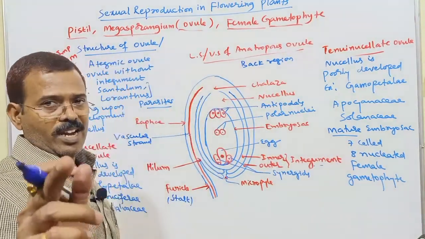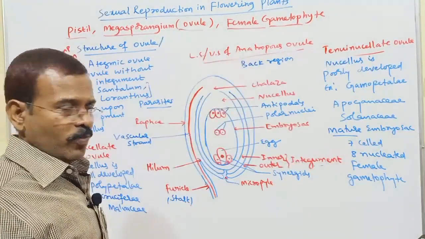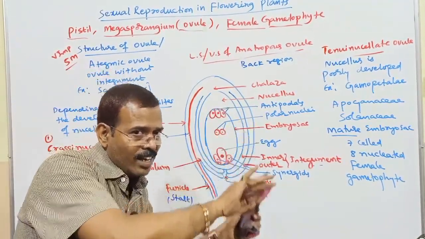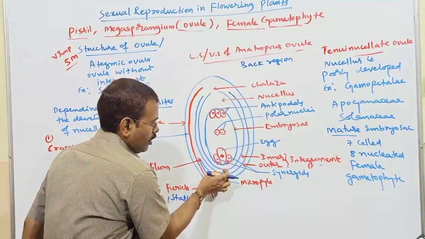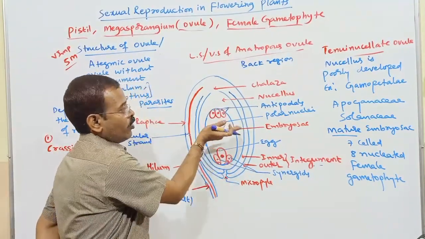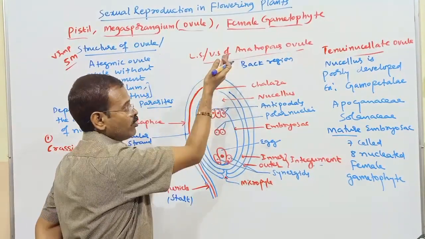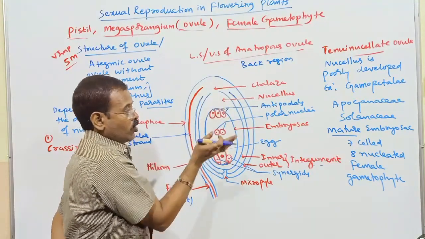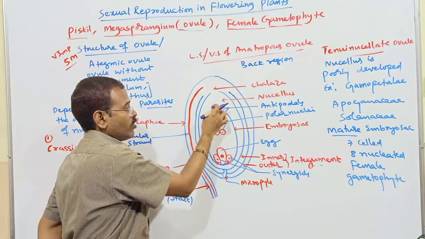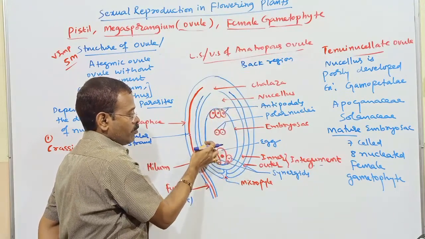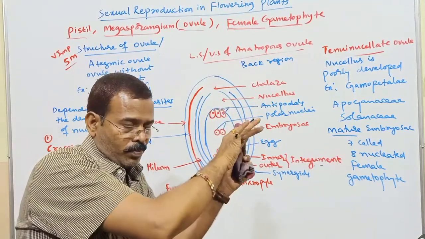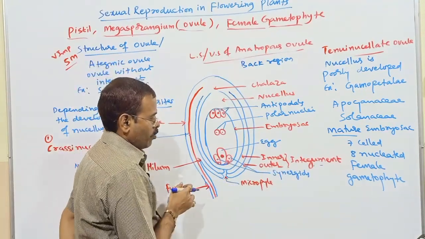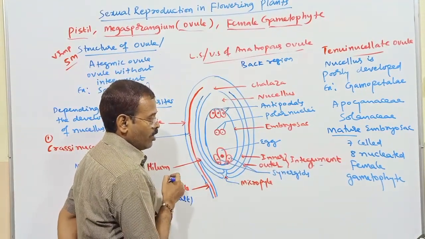This embryo sac is close to the micropyle. It is not toward the chalaza, the back region, the place of origin of the integuments. This embryo sac is present towards the micropylar region.